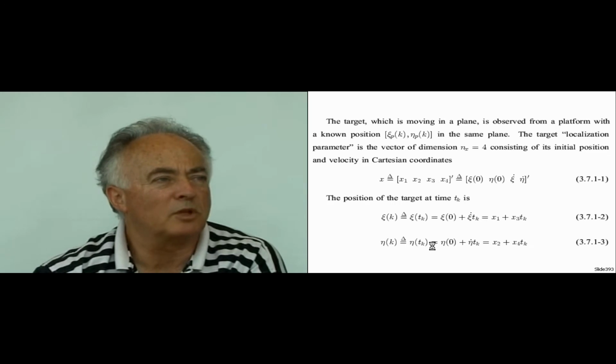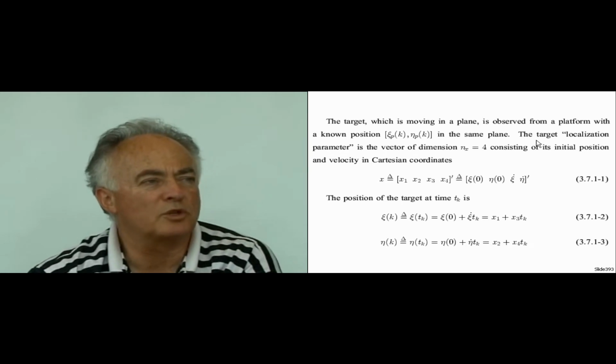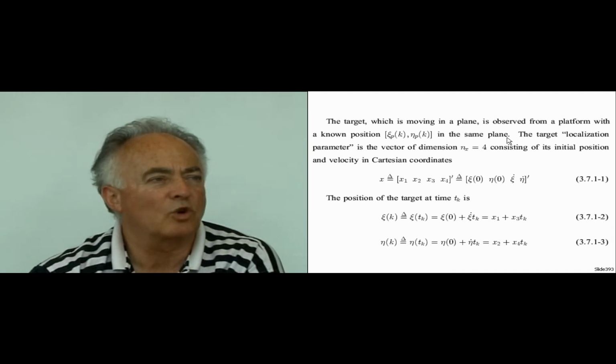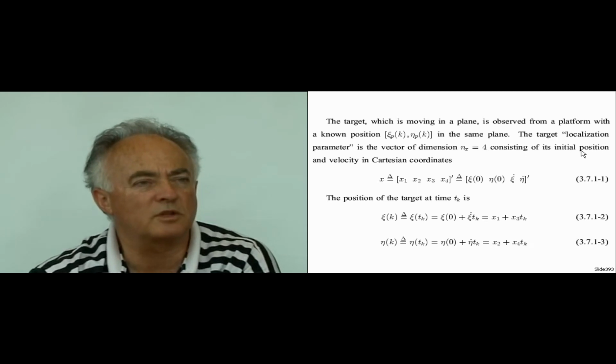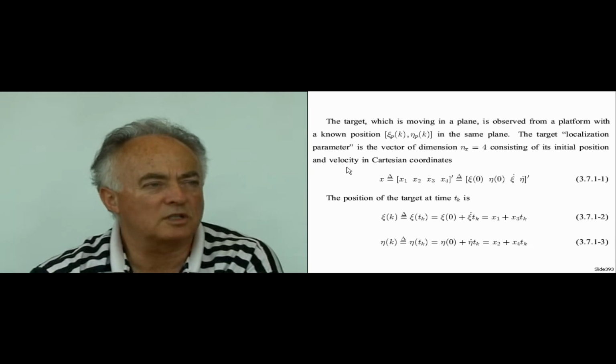In this problem, the target is moving in a plane and is observed from a platform with known position psi p and eta p at time k in the same plane. The target's localization vector is a vector of dimension nx equals 4 in this case, because it will consist of two components, initial position and its velocity in Cartesian coordinates.